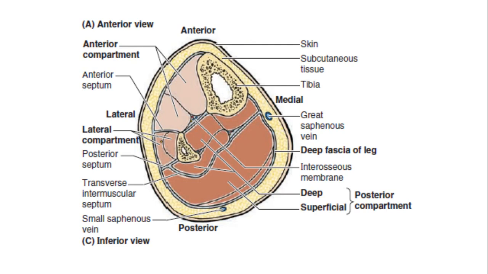So for us, studying cross sections is very important, and the student should try again and again to describe a cross section, to understand a cross section, how to read a cross section, how to understand the placement of the neurovascular structures, how to differentiate between different compartments, right?